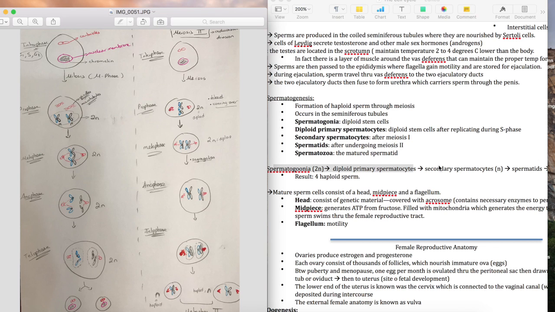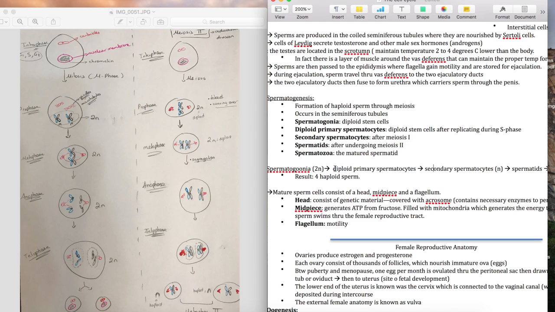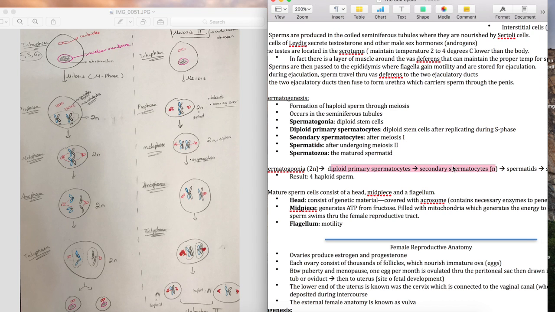All right, so from diploid primary spermatocytes to secondary spermatocytes, I don't know if you noticed, but secondary spermatocytes are haploid. So what's happening here is the meiosis 1 segregation, right? The mom and dad chromosomes are getting separated.